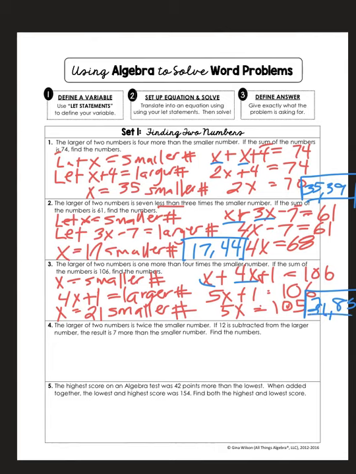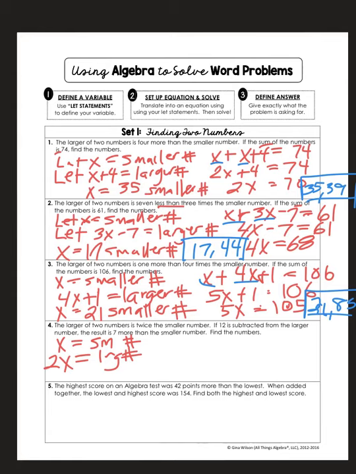All right, number 4. The larger of two numbers is twice the smaller number. Okay, so we have x equaling the smaller number, I'm just going to do SM number, and then the larger of the two numbers is twice the smaller number. LRG number. Okay.